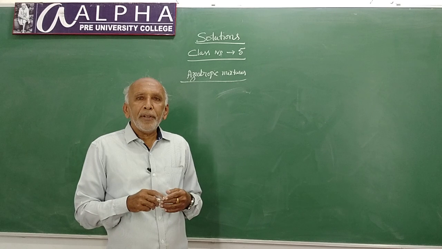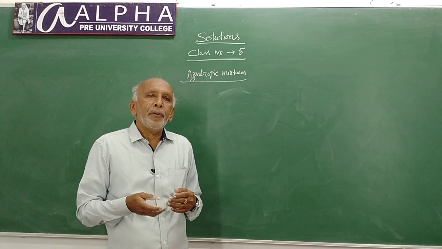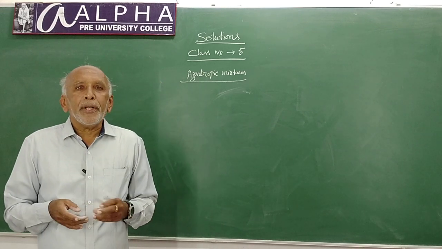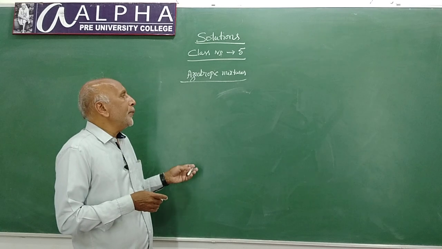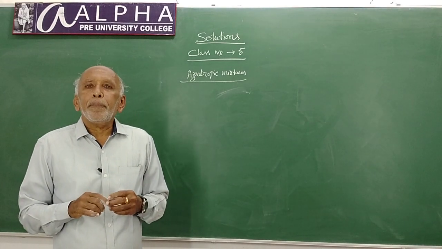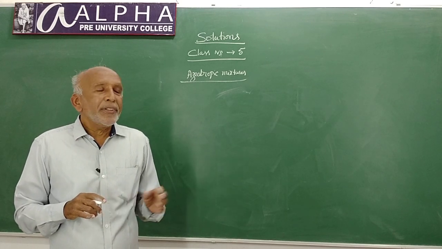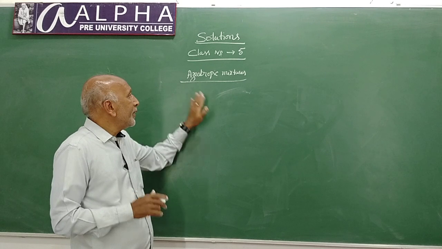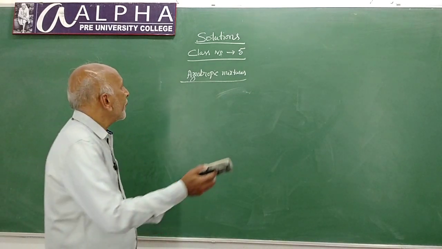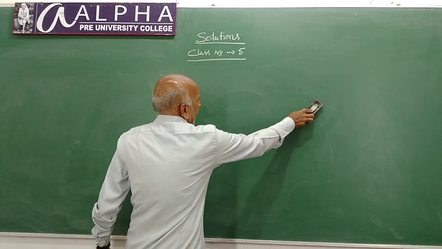Whereas in terms of boiling point, positive deviation mixtures are said to be minimum boiling point azeotropes, and negative deviation mixtures are said to be maximum boiling point azeotropes. So, this is about azeotropic mixtures as well as the solutions of liquid in liquid.